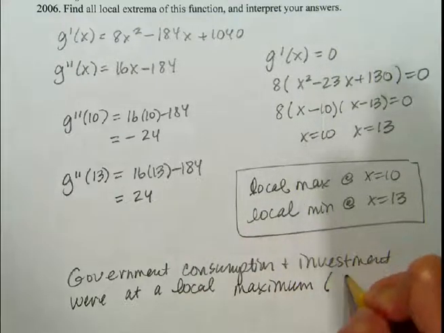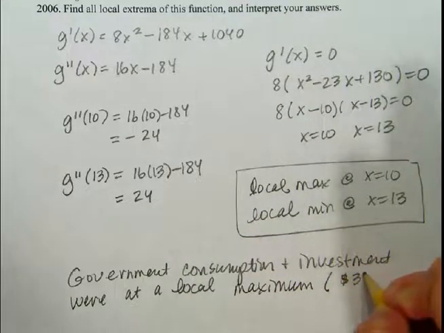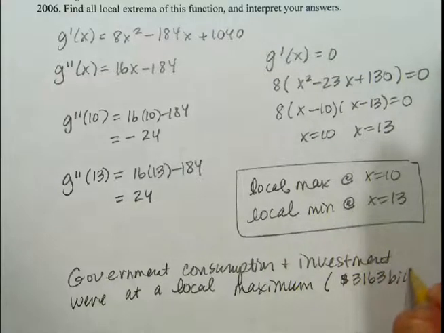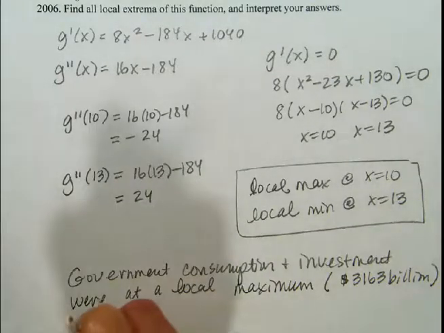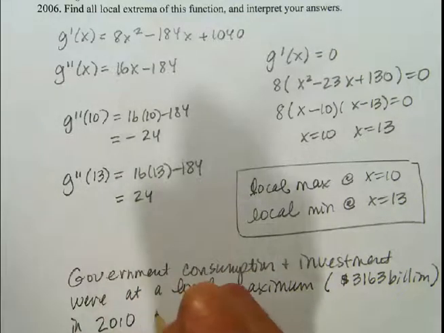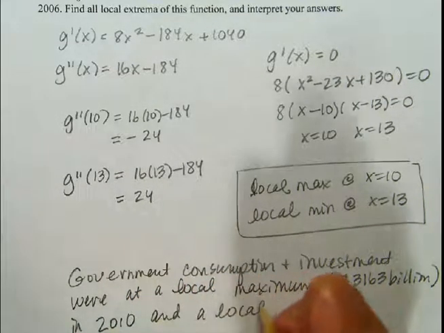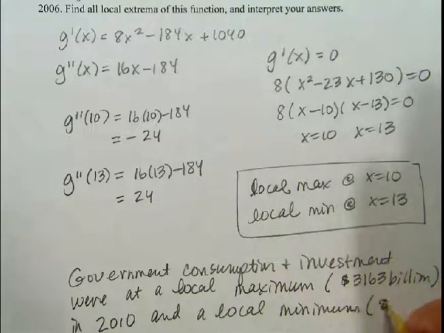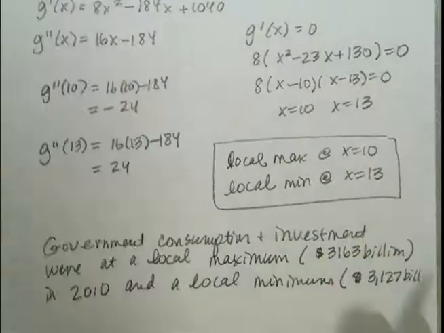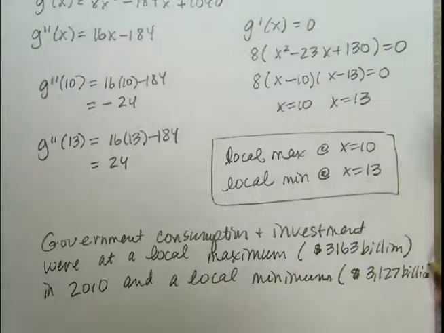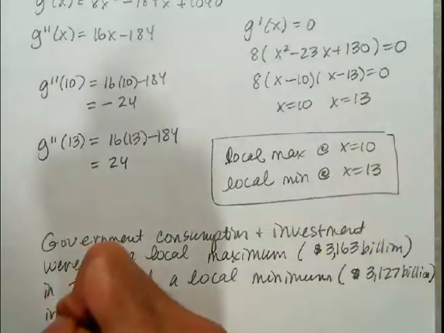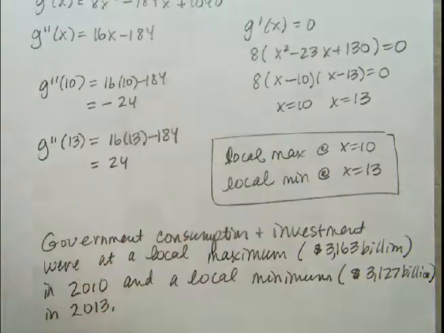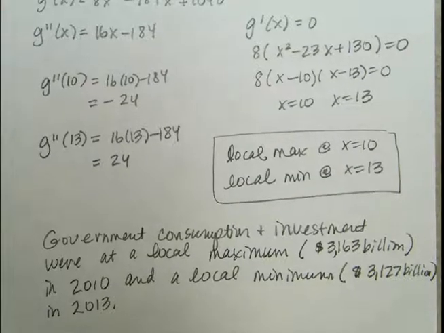And if you actually plug it in, you get about 3,163 billion in 2010, and a local minimum, which if you plug it in, you get about 3,127 billion. Oh, I should have written that on another row. In 2013. So that's basically what it's meaning. And we have finished our notes for 12-2.